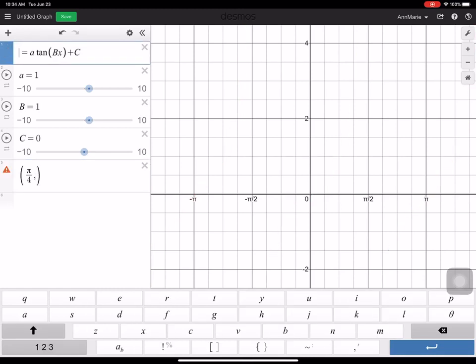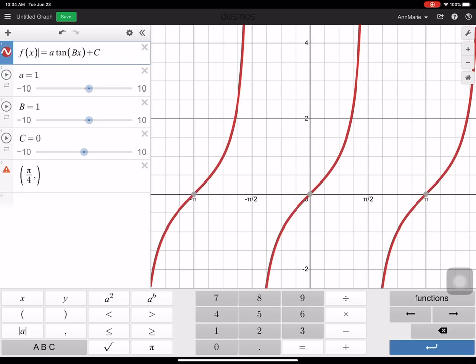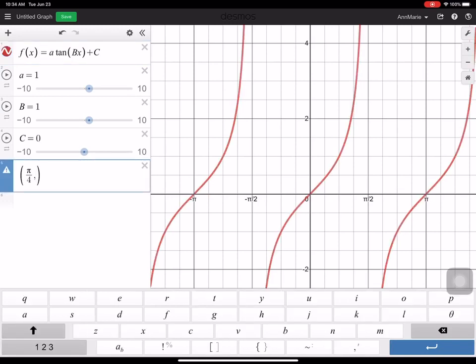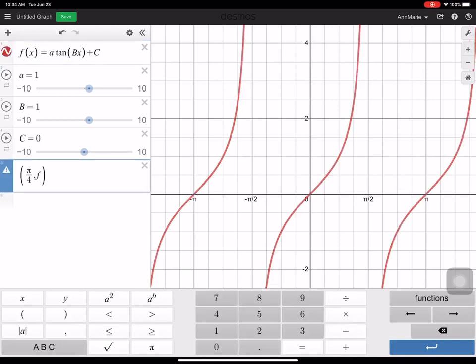Make this a function. And we're going to label this guy. Okay. And I'm doing this because I want you to watch what happens here.